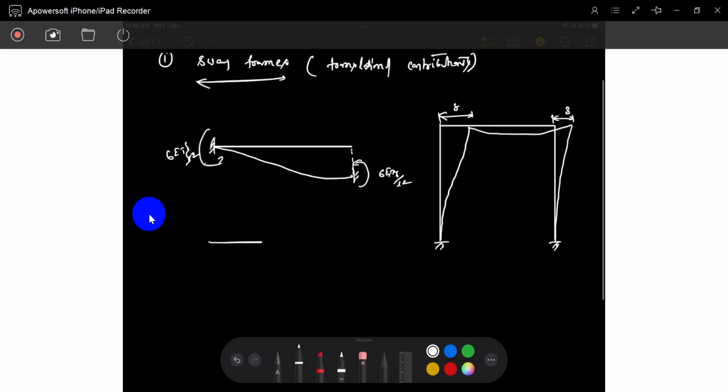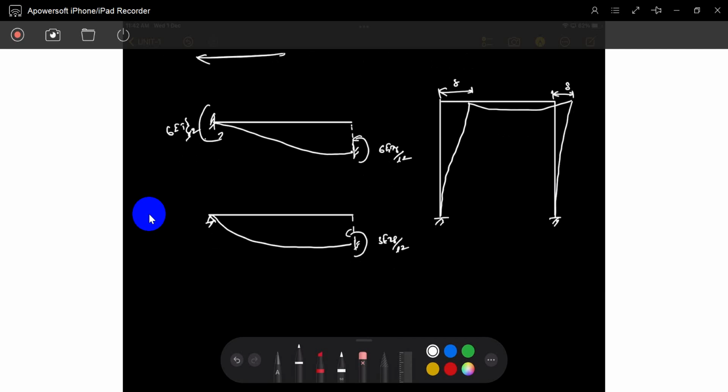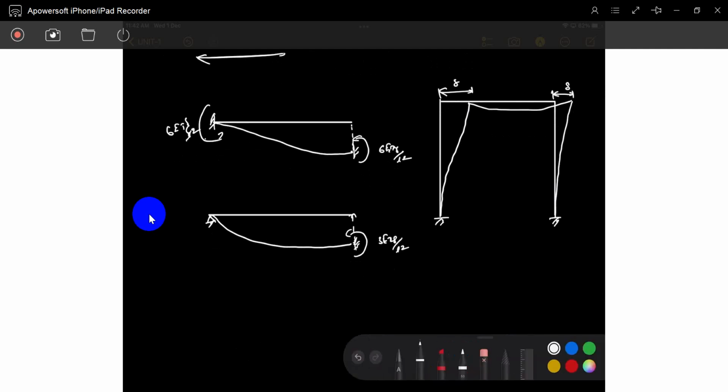And also if it is a hinge joint, it is 3EI by delta over L square. You already know it. It's a translational displacement. Are you understood? So how do we consider it in Kani's method, today's topic.